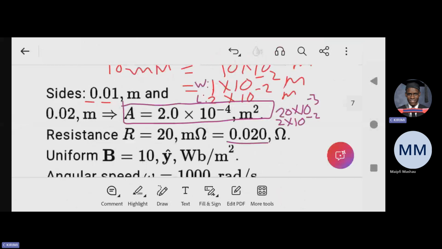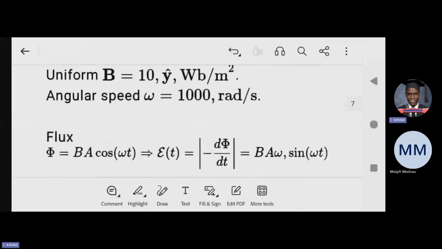So you substitute all your values. Angular speed is 1000 radians per second. We are given this one. Any question?